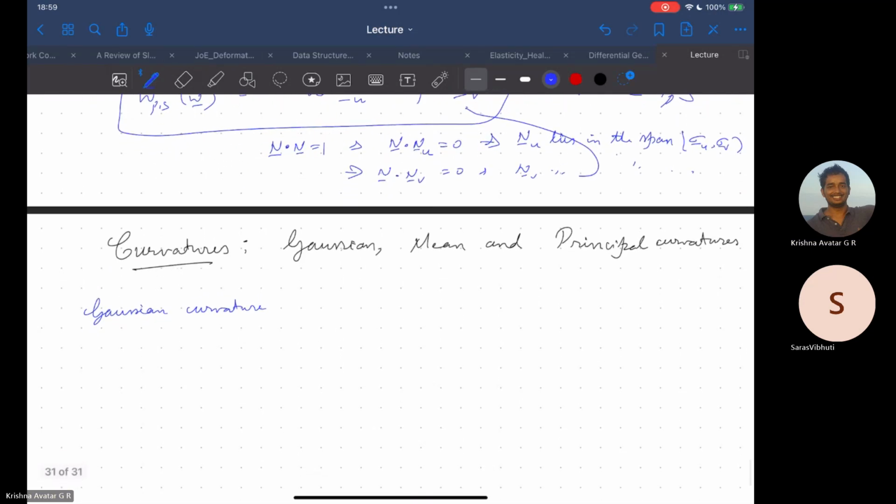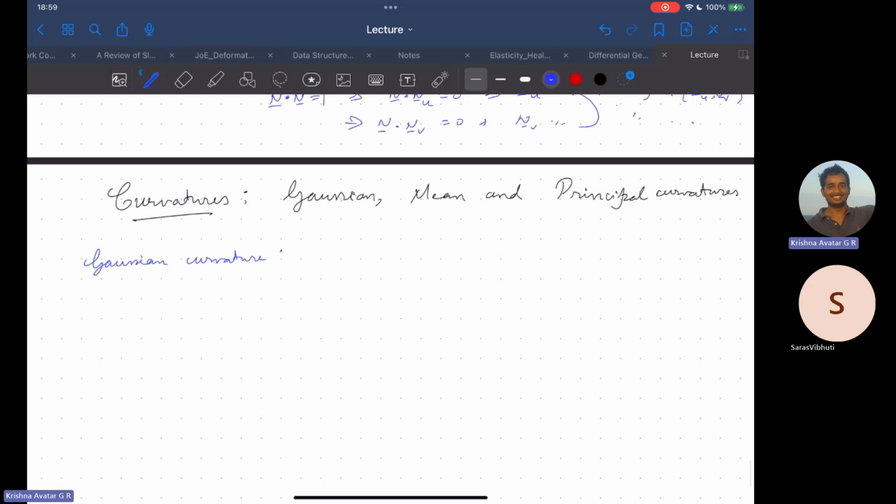Gaussian curvature K is equal to the determinant of the Weingarten map W. That's it. Straightforward.